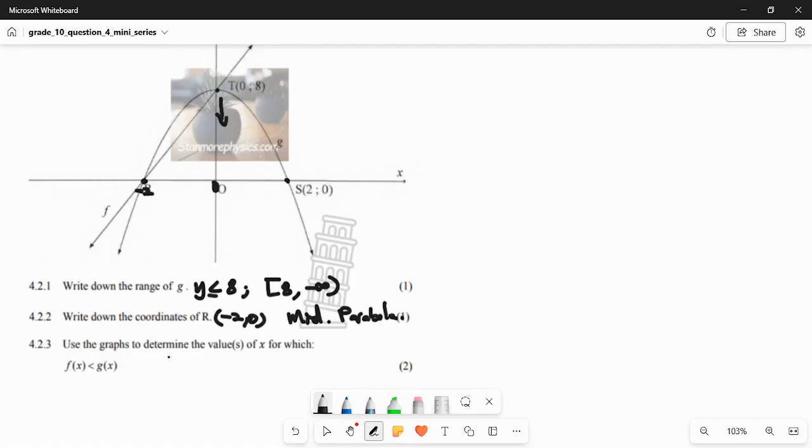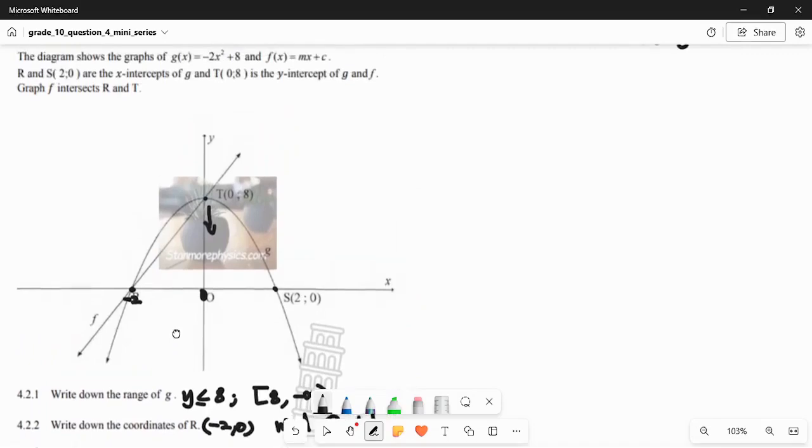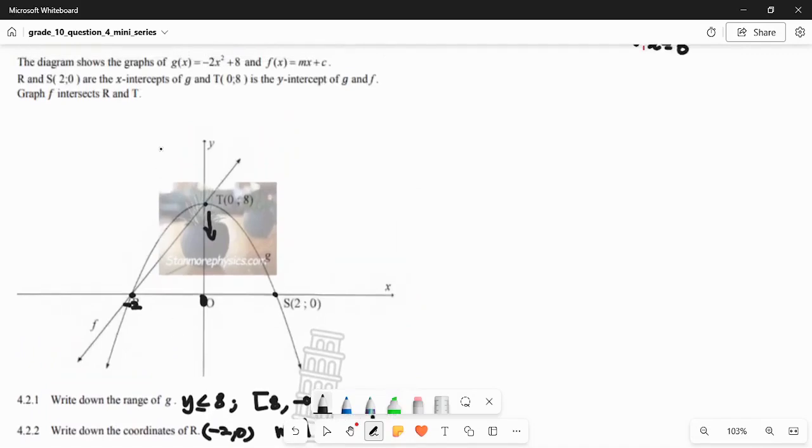The last question: use the graphs to determine the values of x for which the function f of x is less than g of x. So where is f less than g? Observing from left to right, f, a straight line, is above g here.